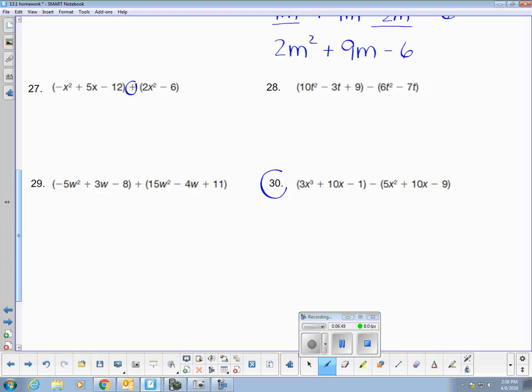Take a look at number 30. All right, negative 5x squared, negative 10x, positive 9.